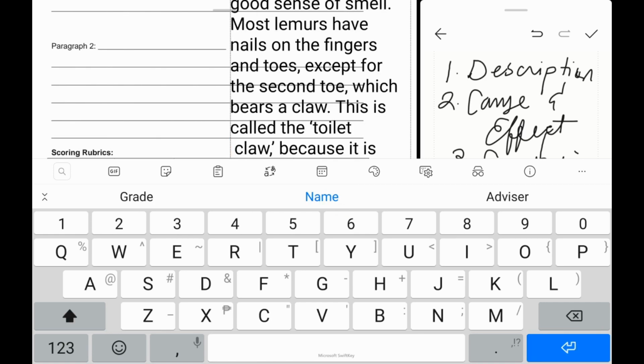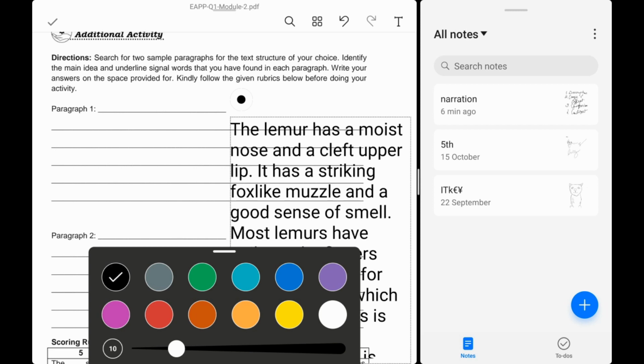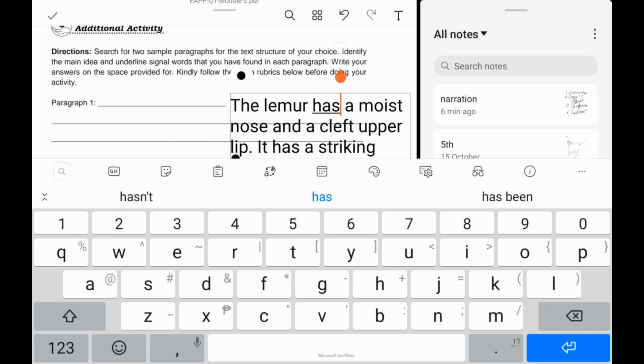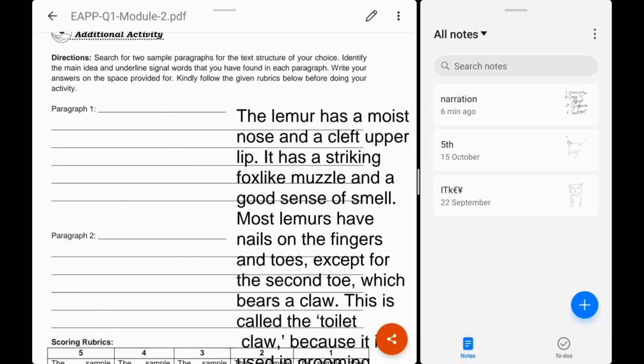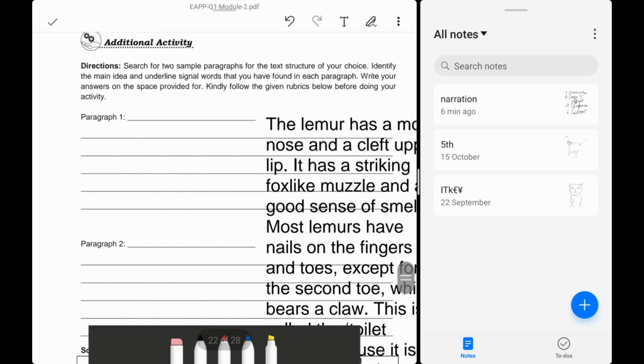Let's just fix this first. Okay, then all you have to do is to put here the main idea or the topic, and then identify the signal words.